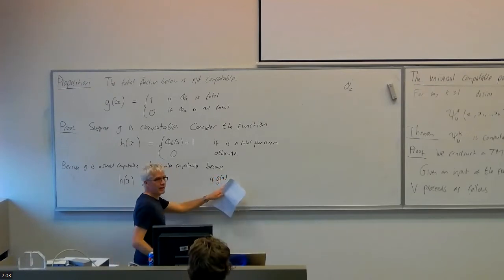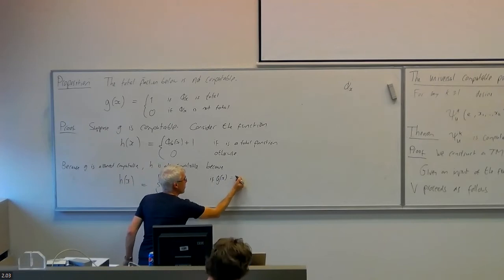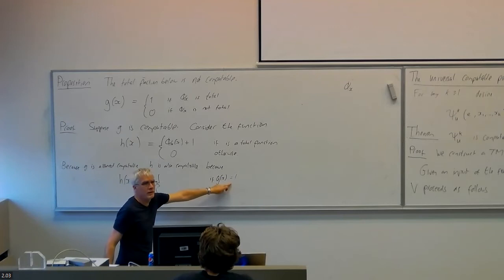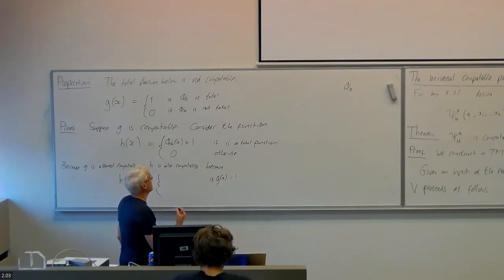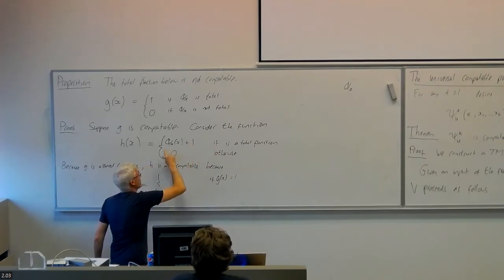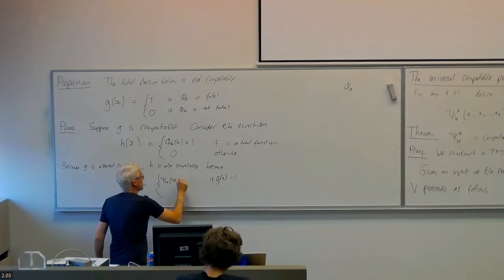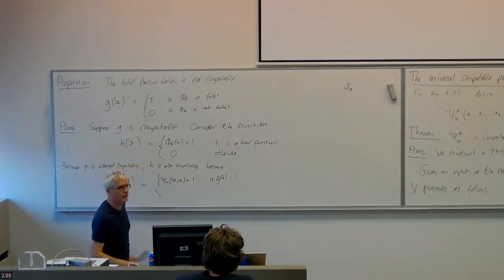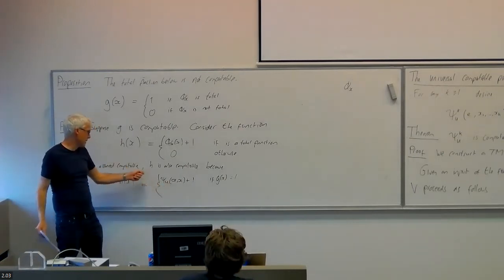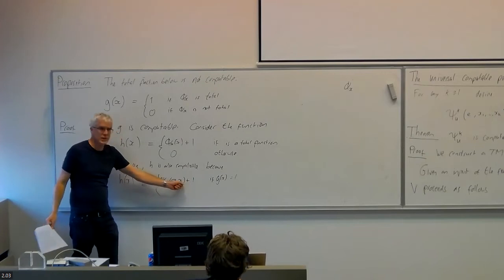We check G of x and see if it's 1. We've assumed that G is computable. So if G of x is 1, that means phi sub x is total, so we want to return phi sub x of x plus 1. But we can do this computably because that's phi sub u applied to the argument x, x, plus 1. So we use the universal function here to be able to compute the output from the input x.